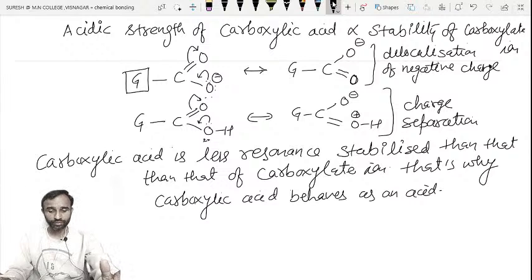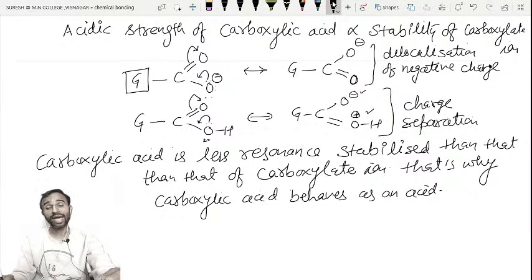Okay, good afternoon, Swati. Got it? So why is carboxylic acid an acid? Because carboxylate ion is more resonance stabilized than carboxylic acid. Why is carboxylate ion more resonance stabilized? Because carboxylate ion involves delocalization of negative charge, but carboxylic acid involves charge separation. So carboxylic acid behaves as an acid.